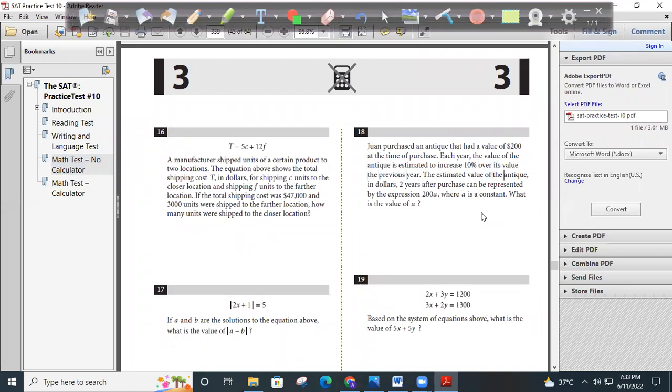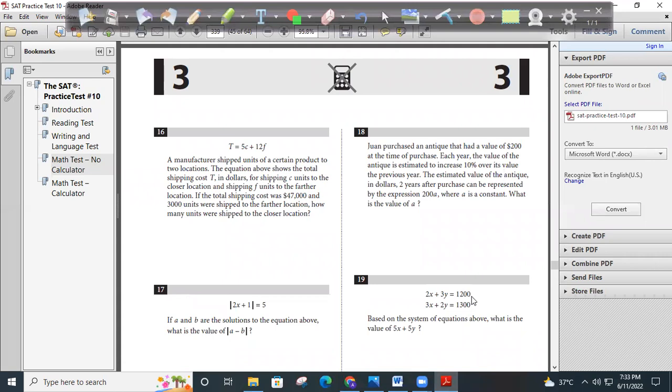Everyone in the class, please solve section 3, question number 18.